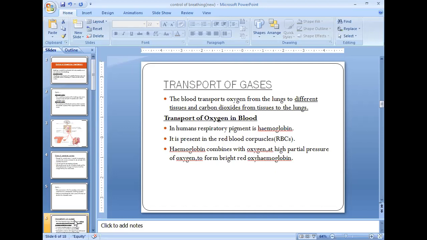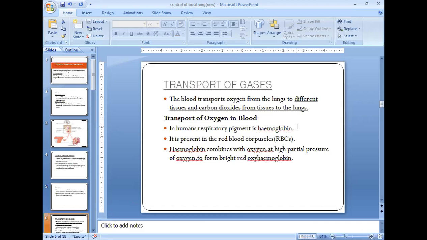Oxygen is transported with the help of blood, and blood contains a pigment called hemoglobin. The word hemo means blood and globin means protein. So a blood protein called hemoglobin is mainly involved in the transport of oxygen.